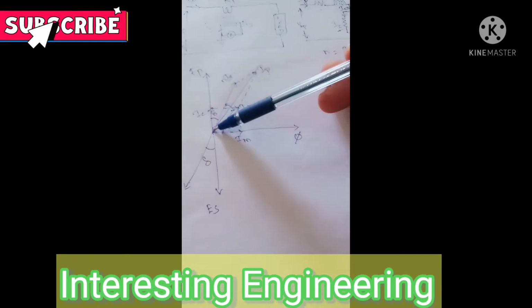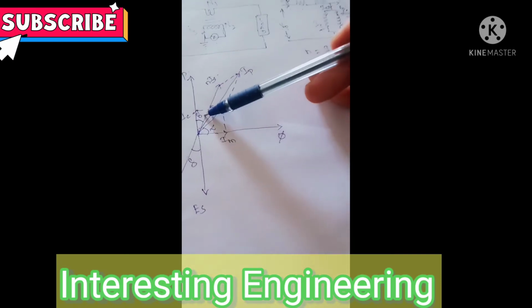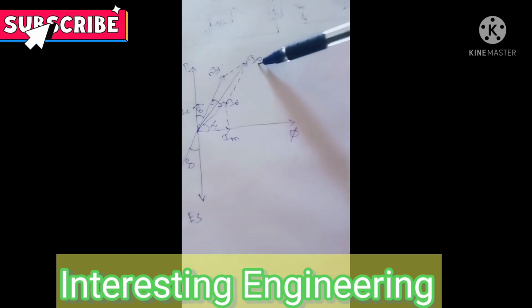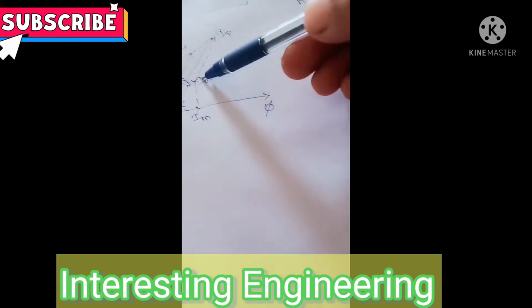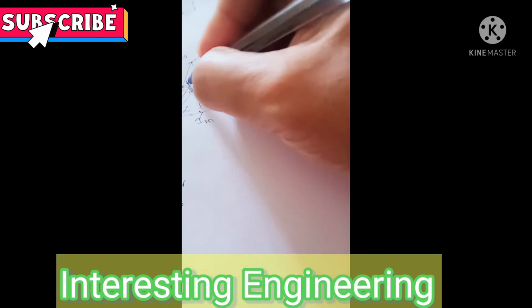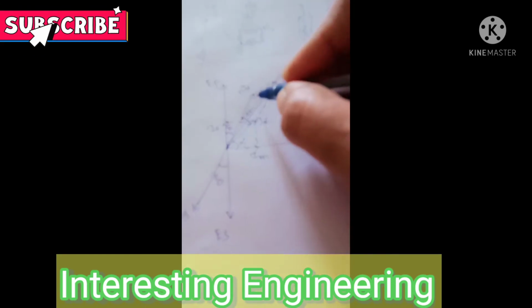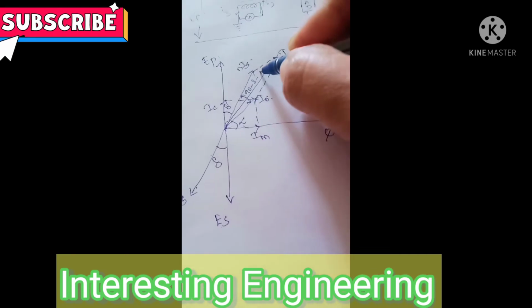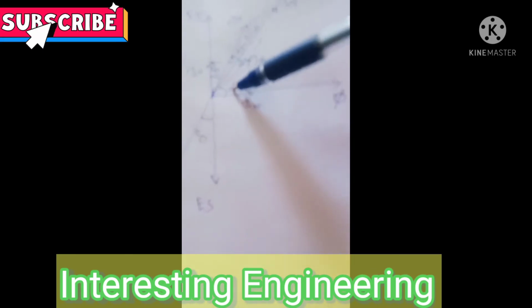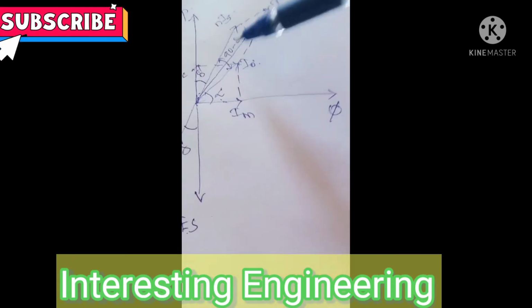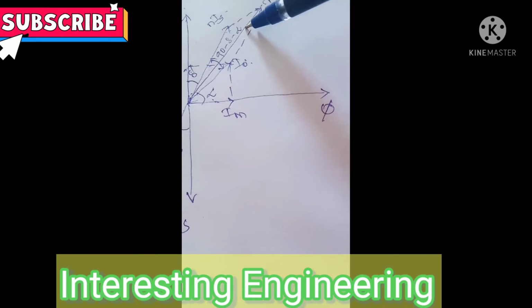So the angle between EP and NIS is nothing but delta, and the combination of NIS and I naught gives IP. So the angle between these two will be 90 minus delta minus alpha. So the entire angle is 90 degrees. Here we have alpha, here we have delta. So this angle will be 90 minus delta minus alpha.